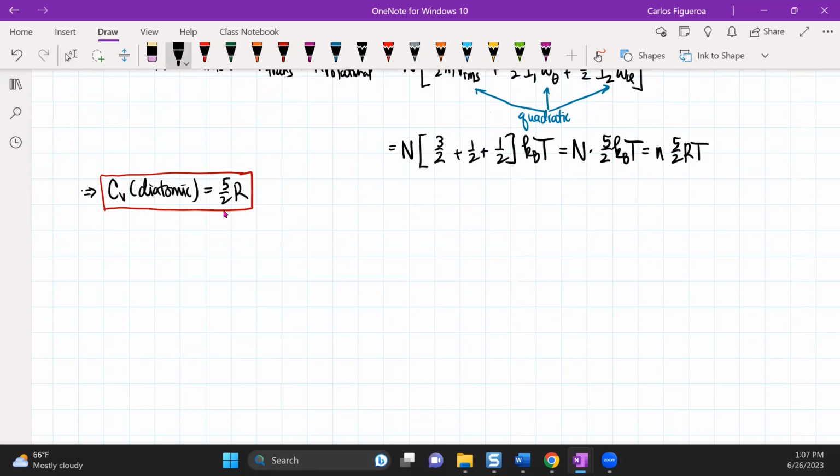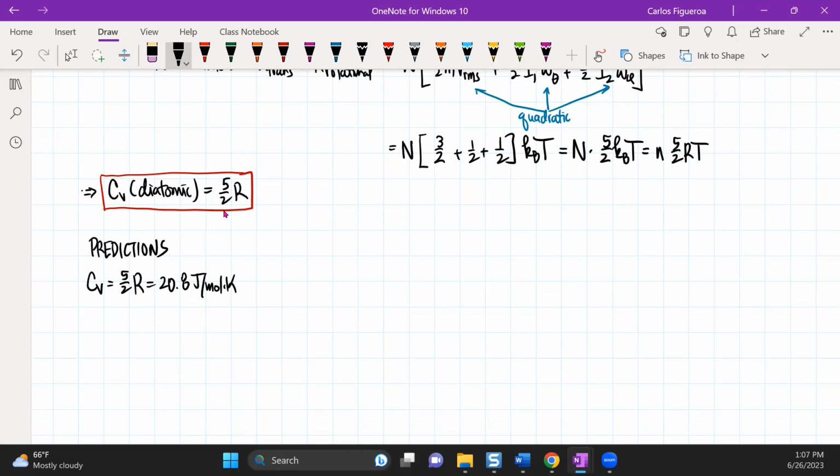Here are the predictions. I have CV, which is now 5/2 R, and this is 20.8 joules per mole Kelvin. I'm going to drop the units, so I'm only going to focus on CV, CP, and gamma.